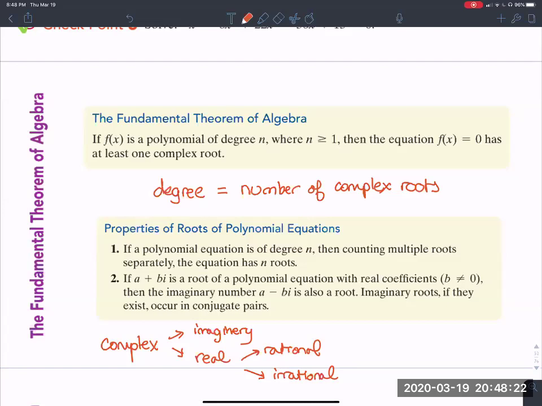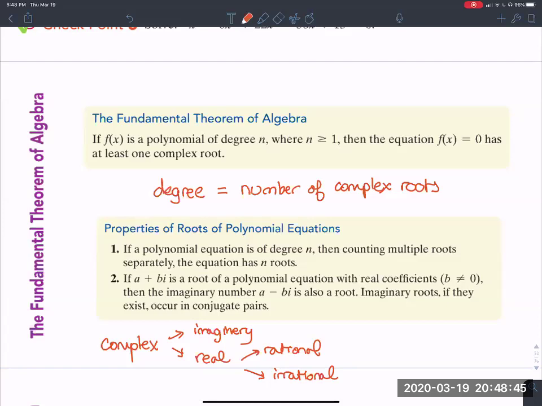Same thing with degree 3. If we have a degree 3 polynomial, that means we have 3 solutions. Either they're imaginary, rational, irrational, or a mixture of the 3. Now remember what we talked about earlier about the quadratic formula.